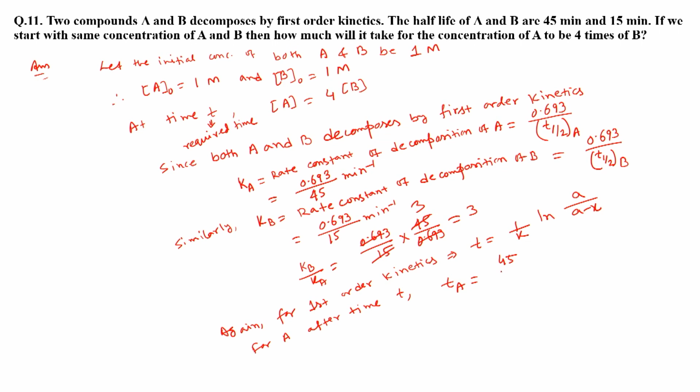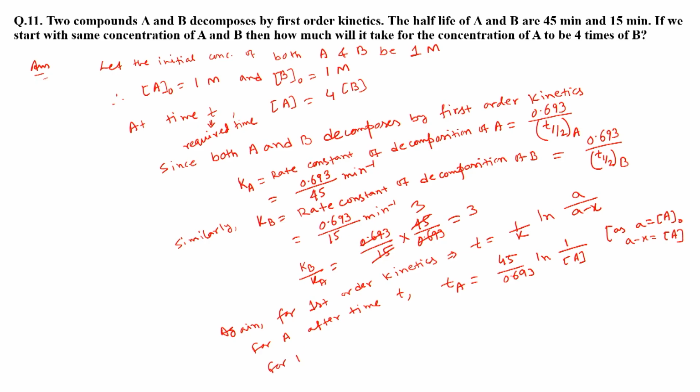So, 1 by k is 45 by 0.693. So, we write 45 by 0.693 ln of initial concentration of A, which is A naught, by A minus x, the concentration of A.